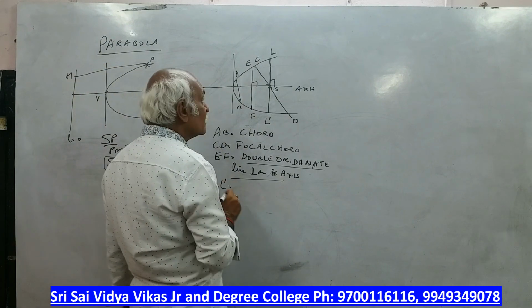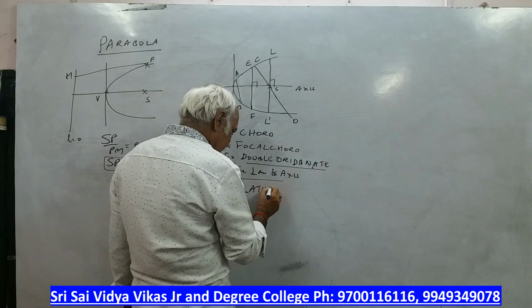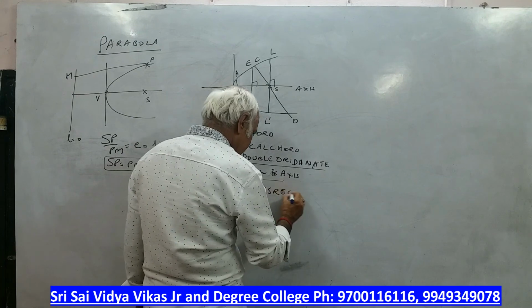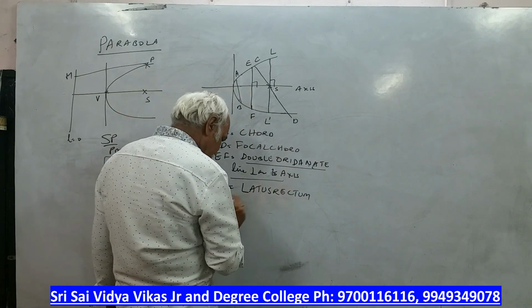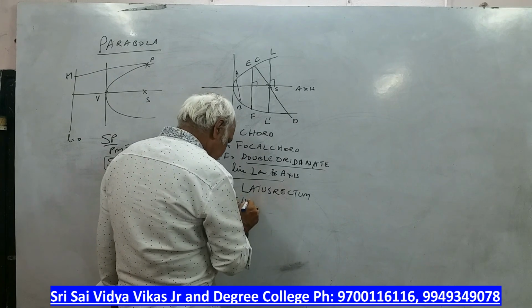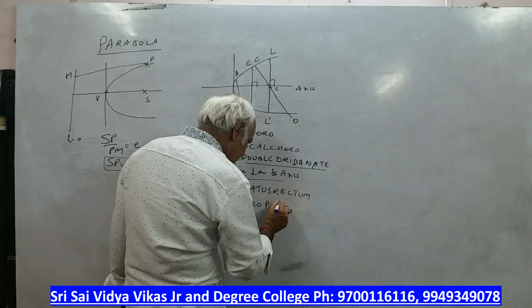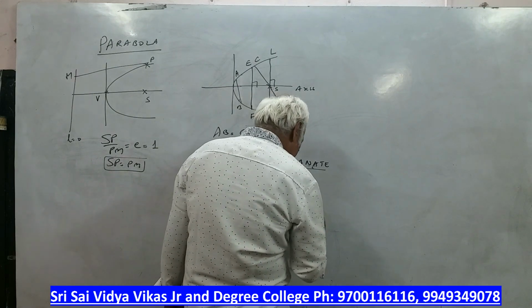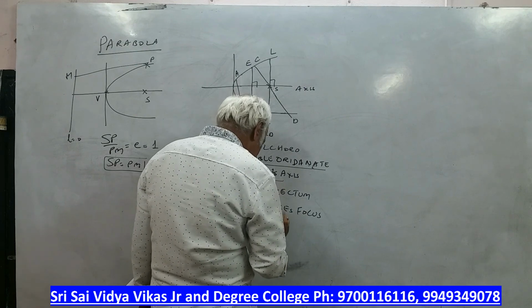L dash. Okay, L dash is called the latus rectum. What is the latus rectum? It is a chord which passes through the focus and is perpendicular to the axis.